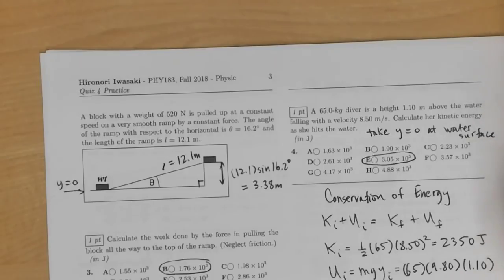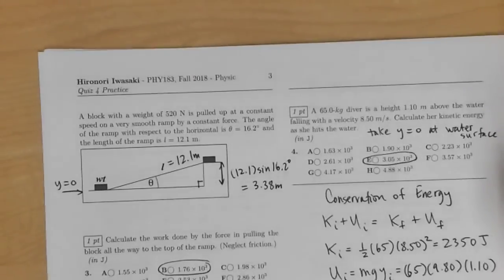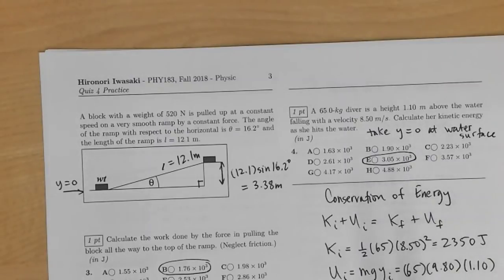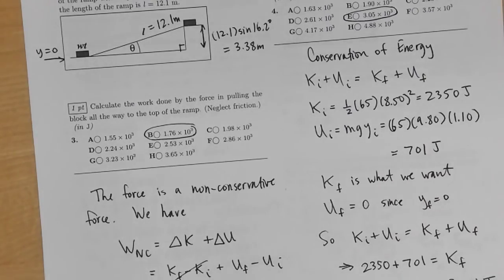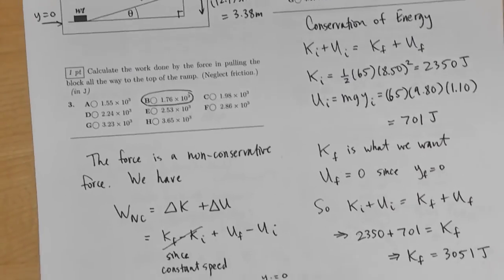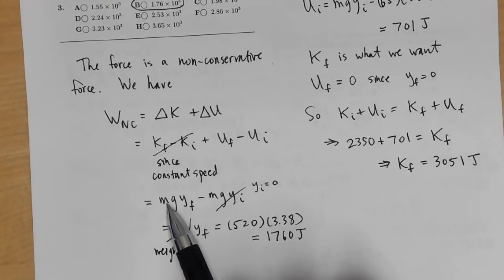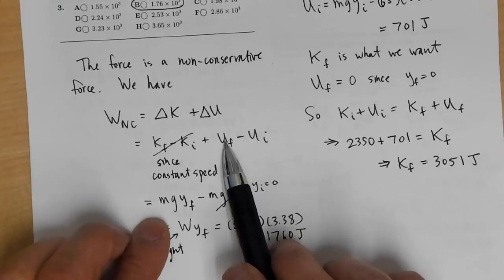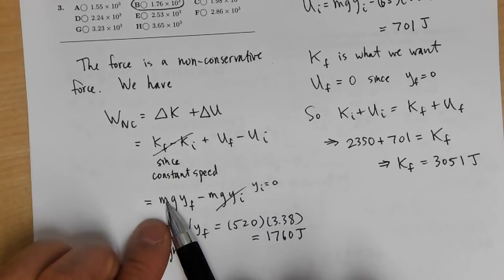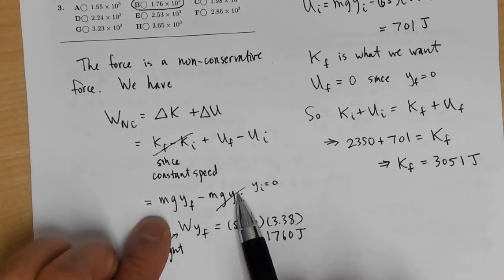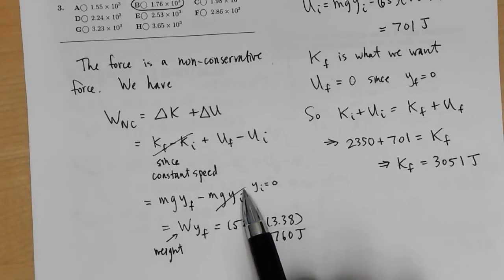Okay, so now we have that y final is equal to 3.38 meters, and so the change in U, UF minus UI, is going to be mg y final, with y initial 0, so that just drops out.